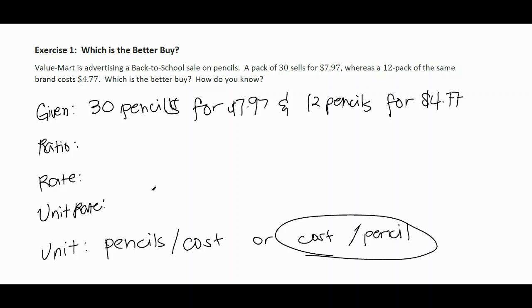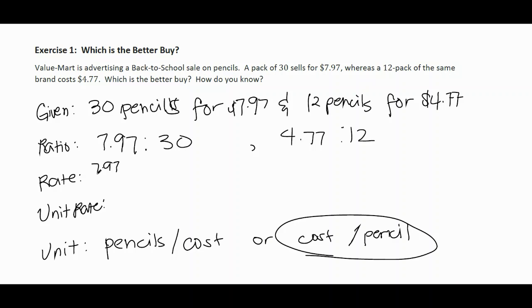So our ratio would be the cost, which is the 7.97 is to the 30, and we got here the 4.77 is to 12. Now our rate, so how do we find the rate again? We divide.